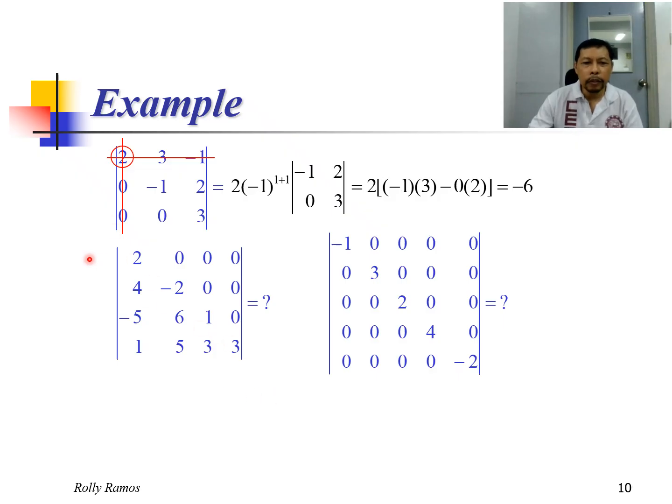But if you want, you could still use the cofactor expansion, expanding about the first row or the last column, the fourth column. Okay? It's just like the first example. So using the theorem, 2 times -2 is -4, times 1, -4, times 3 is -12. So the determinant of this matrix should be -12.